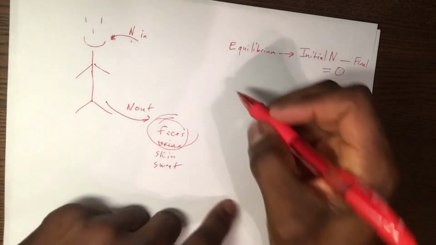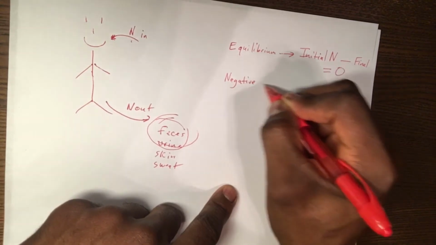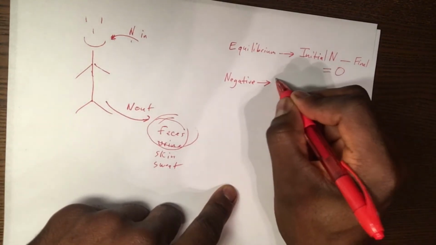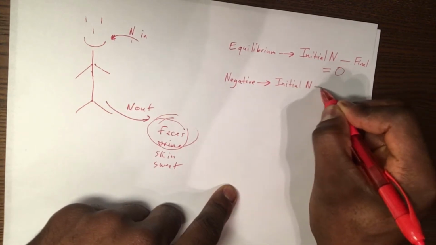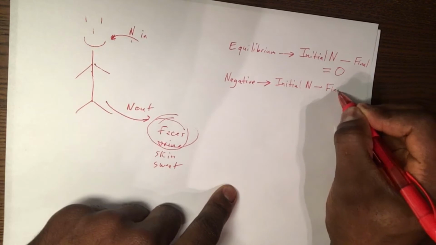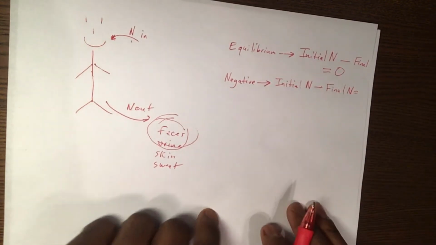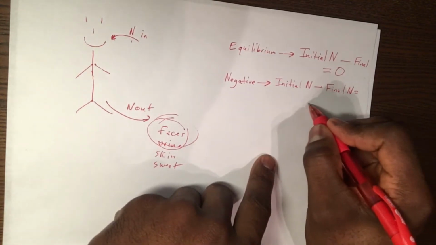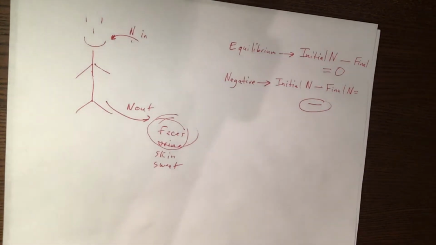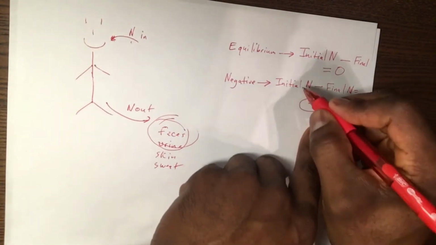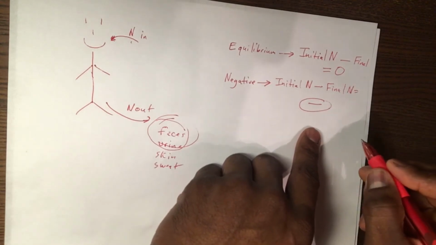Now let's look at negative nitrogen balance. This is initial nitrogen minus the final nitrogen is equal to, it's going to be a negative. You could consider this to be a negative number because the amount that you consumed is actually less than what you excreted.